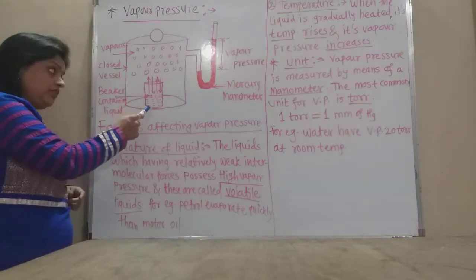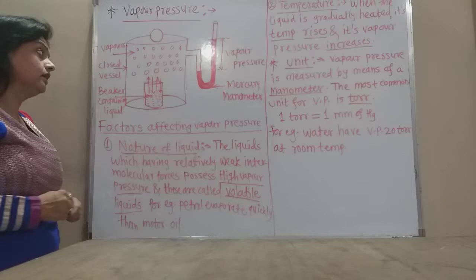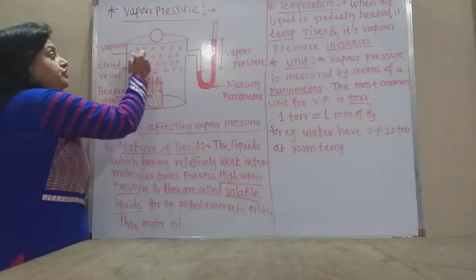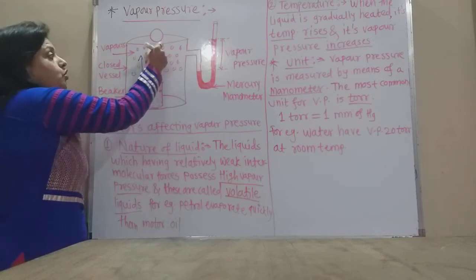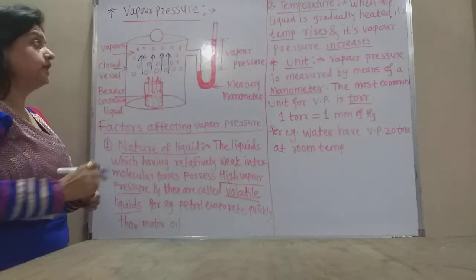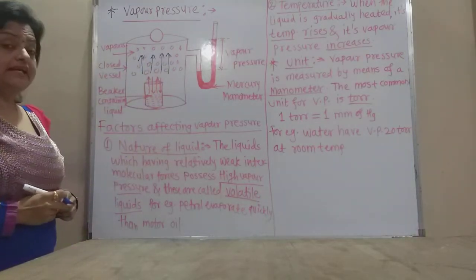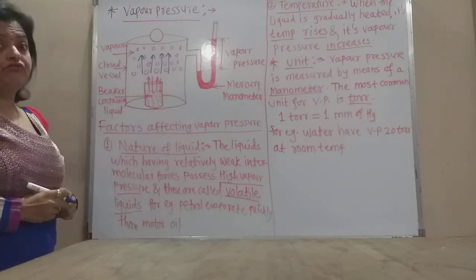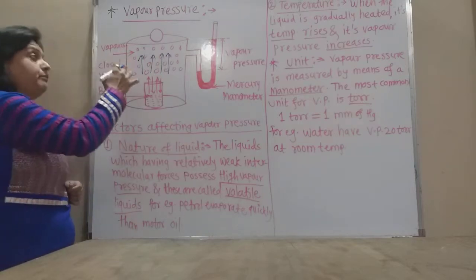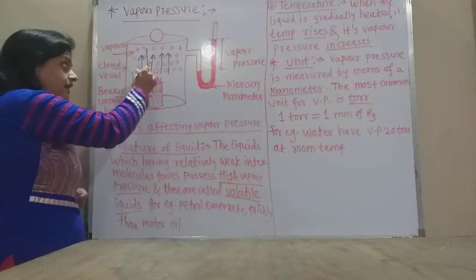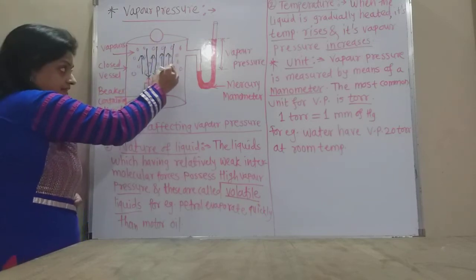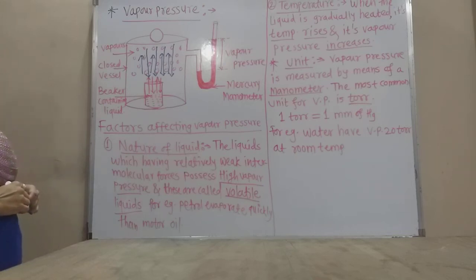Now when we place the liquid in a closed container, at first the rate of evaporation is higher. So many molecules from the surface go into the upper space of the container in the form of vapor molecules. As time passes, the vapor molecules get cooled and come back into the liquid, that is, they condense.